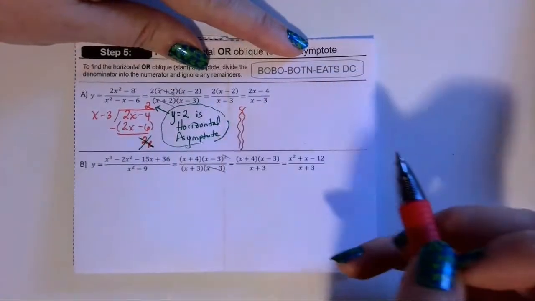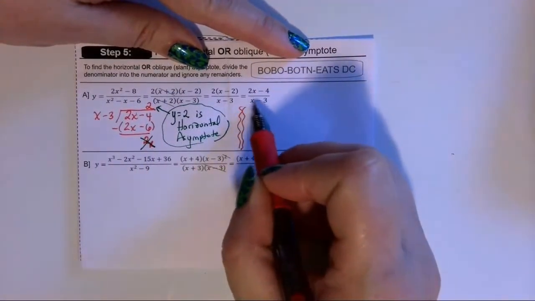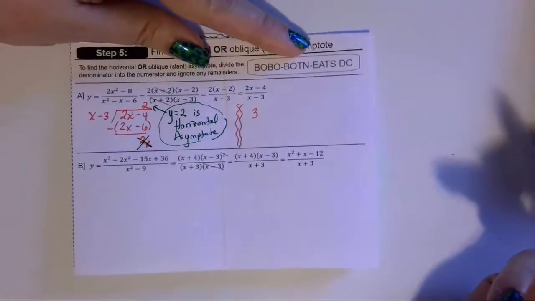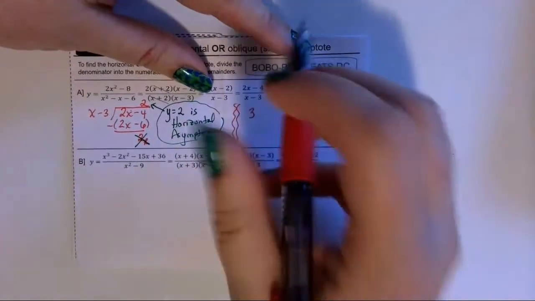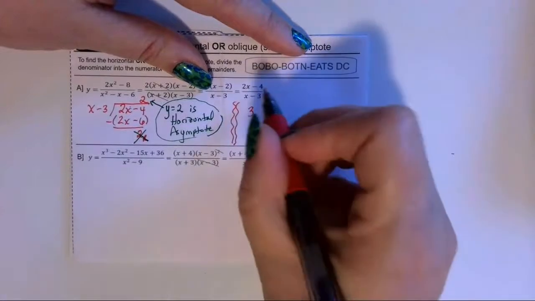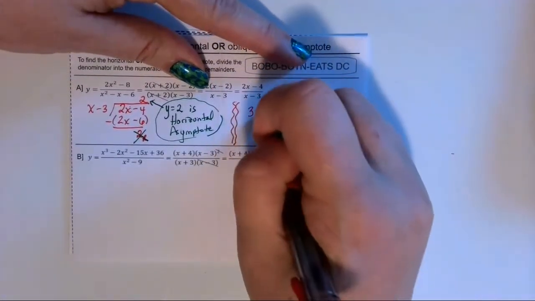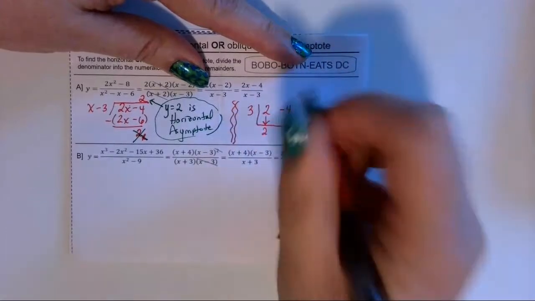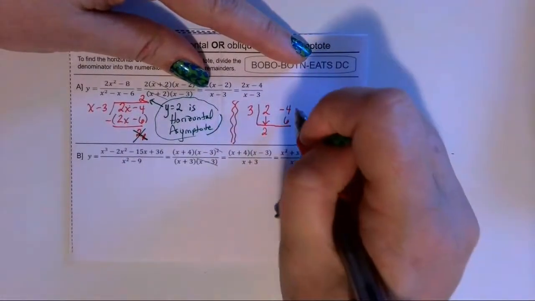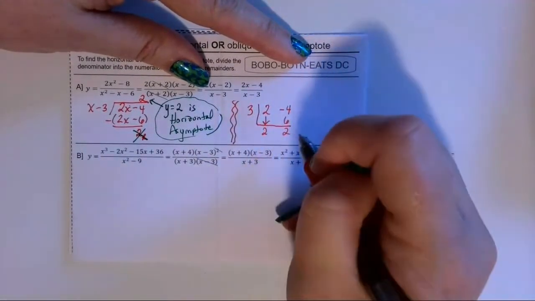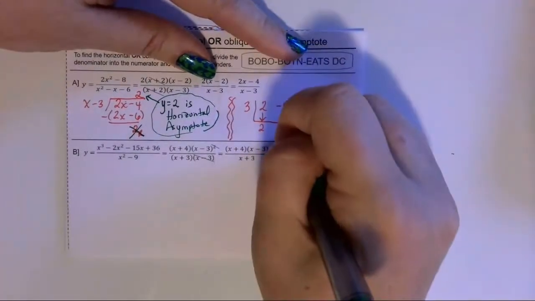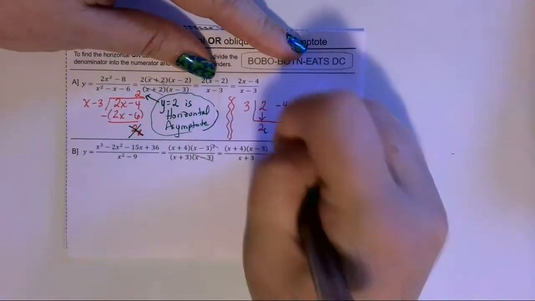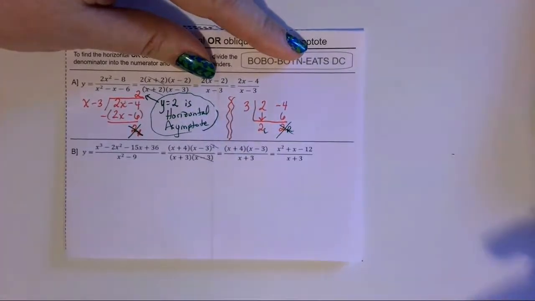So if I did synthetic division, instead of x minus 3 as my divisor, I would use positive 3. And then my coefficients, I have a 2 for my x and a negative 4 for the constant. We bring down the first value and then multiply. 2 times 3 is 6. Add those together. Negative 4 plus 6 is 2. That 2 at the end is the remainder. And then before the remainder is the constant. So remember, I discard the remainder.